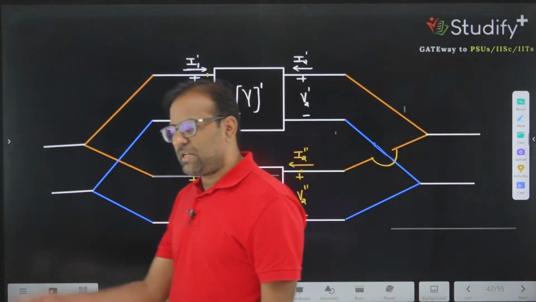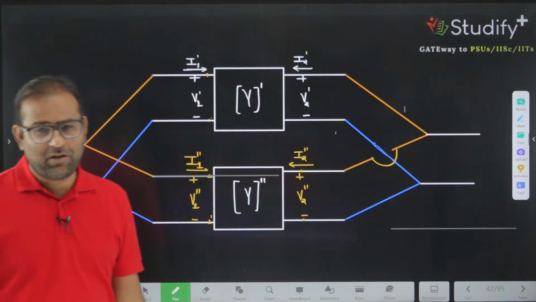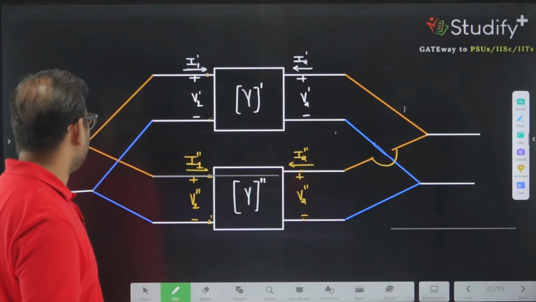This is parallel combination of two port network, for which Y parameter is given.